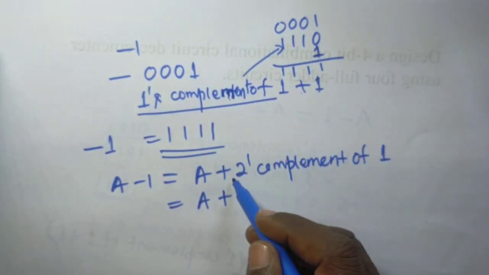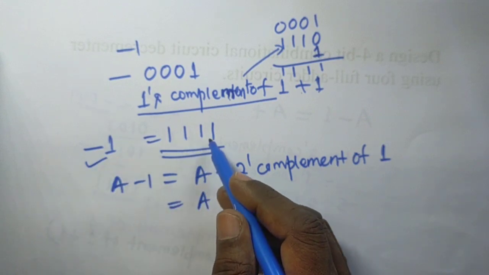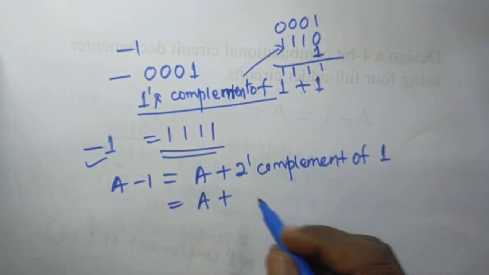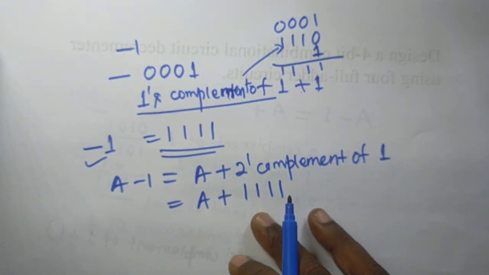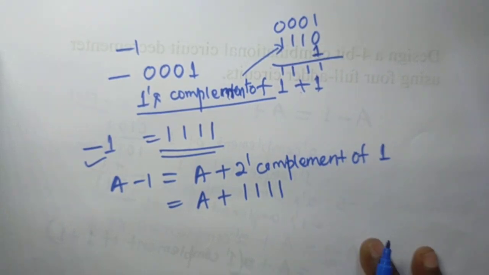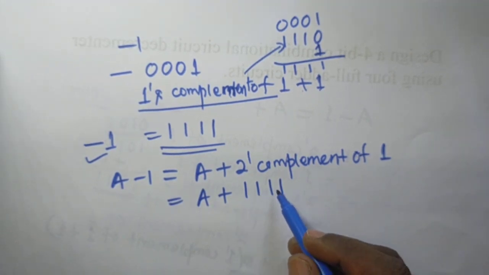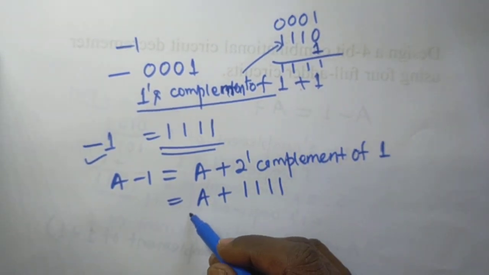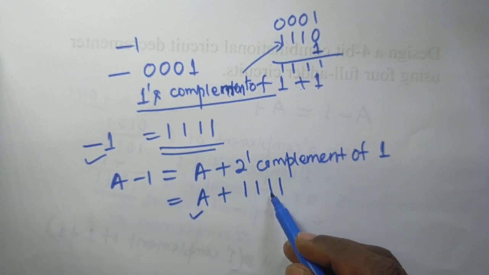The two's complement of 1 is 1 1 1 1. Why are we taking 1 1 1 1, why four digits? Because the question is given like this: it is 4-bit data. So for any data with the decrementer, we just consider 1 1 1 1.